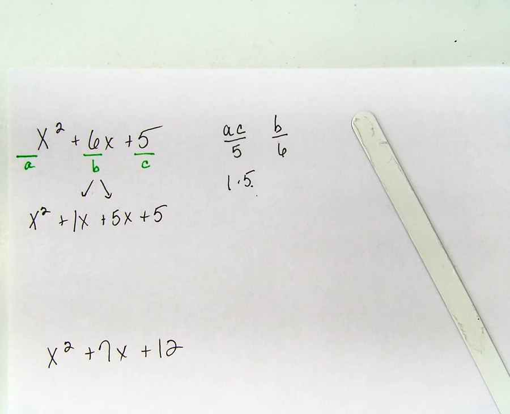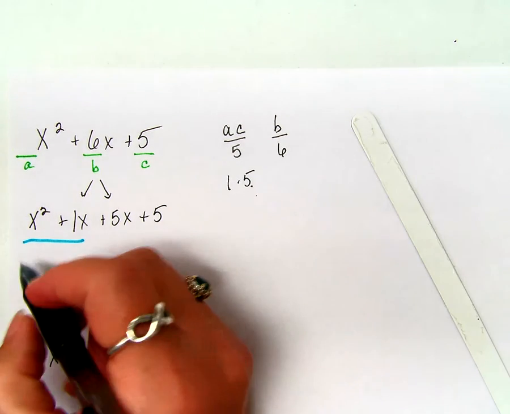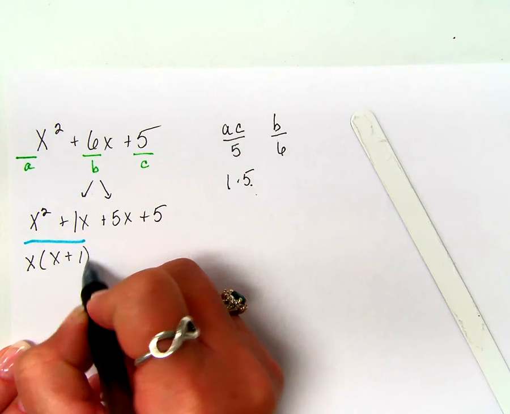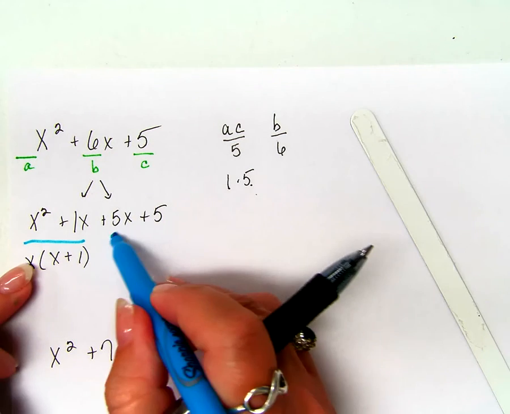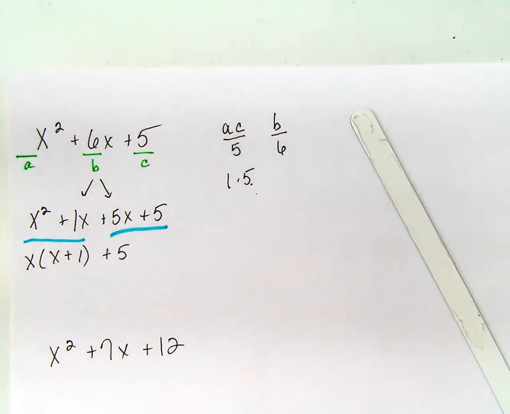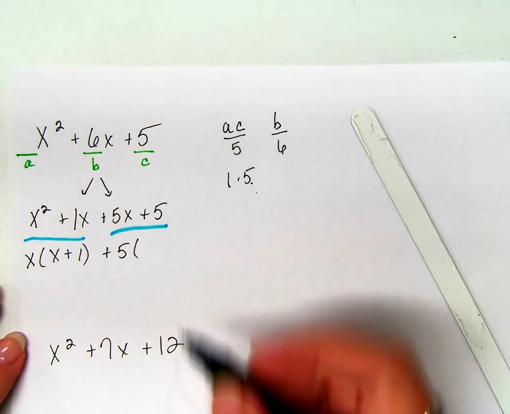So just look at the first two terms. What do those two terms have in common? X. What's left if I factor out an X? X plus 1. Just look at the second two terms. What do those two terms have in common? 5. What's left if I factor out a 5?